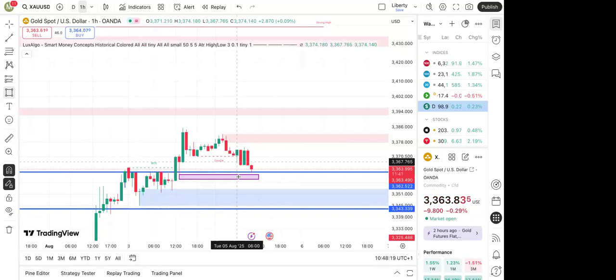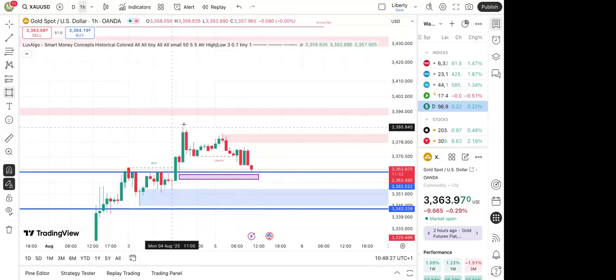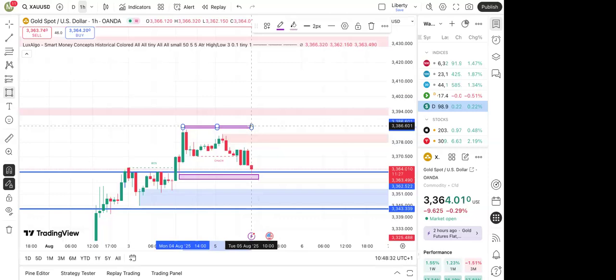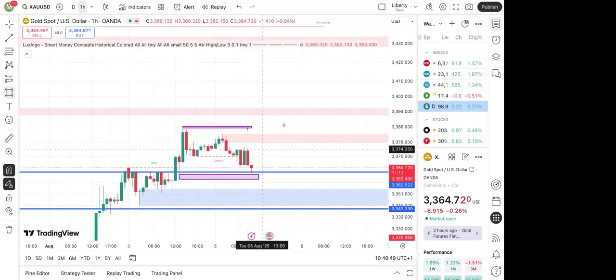So in line with the SMC, we want to move from the supply zone, this zone above, down to our point of interest before we take a buy.